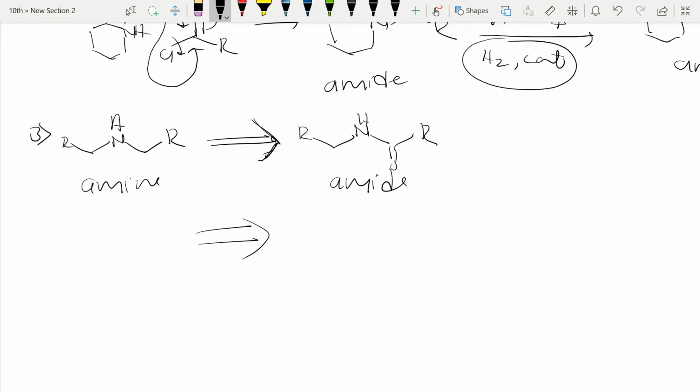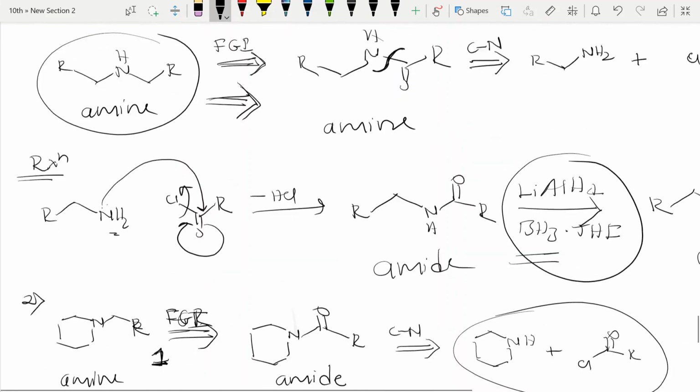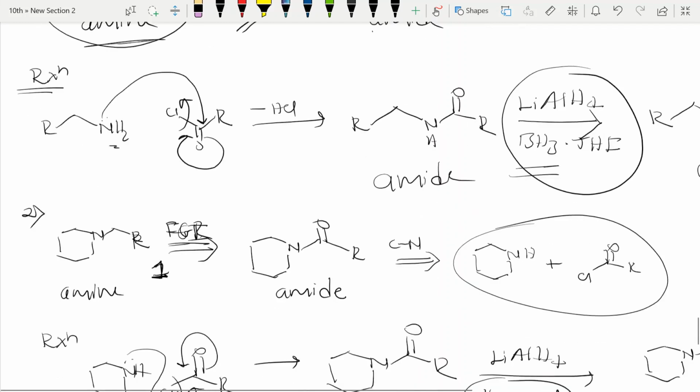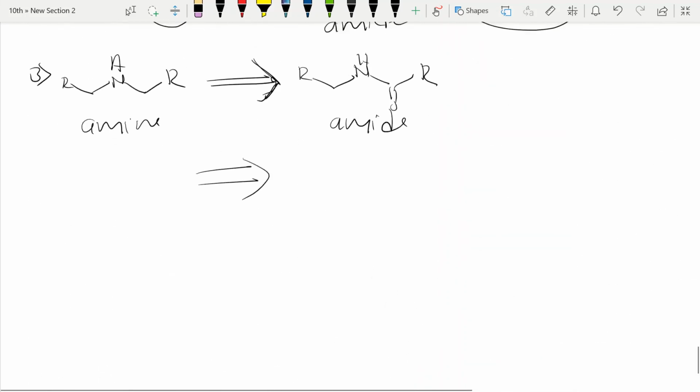Here I have explained about them, right? So here I have converted amine to, sorry, this is amide. This is not amine. Yes, yeah. So here instead of converting to amide, I will convert it into some other form.